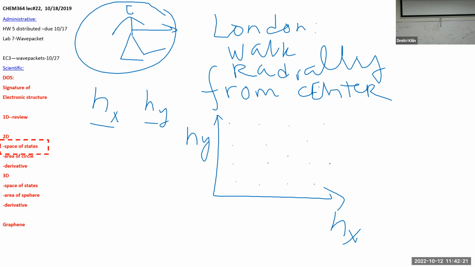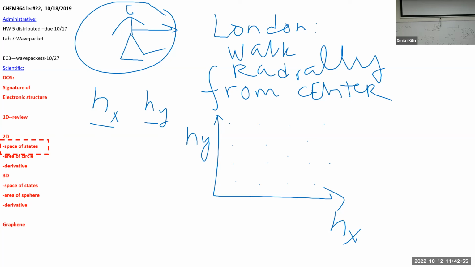If I am a straw man walking forward, I need to count the number of quantum states behind this radius, independent of the path, just departing from the center. I need to find the area of the space if I know the radius. So if I know the radius, the area will be equal to pi r squared over 4. Why over 4?